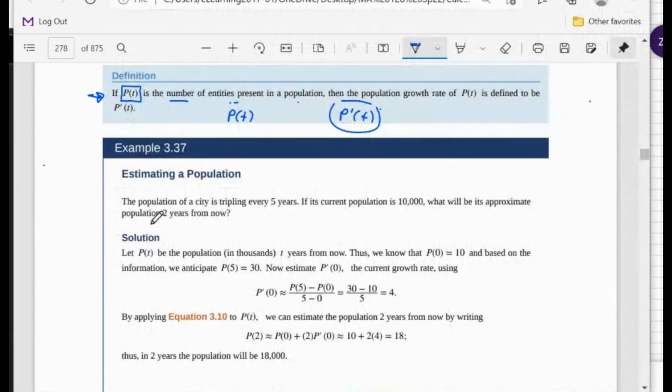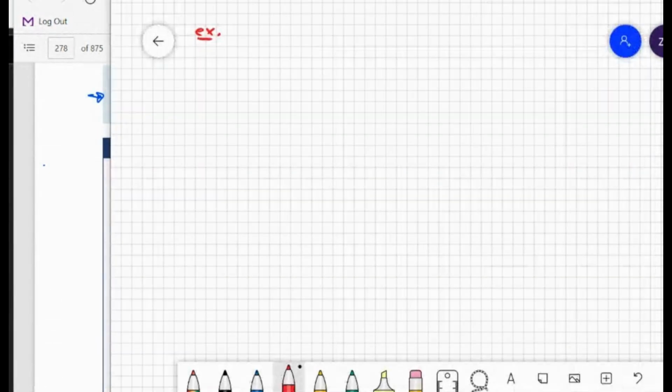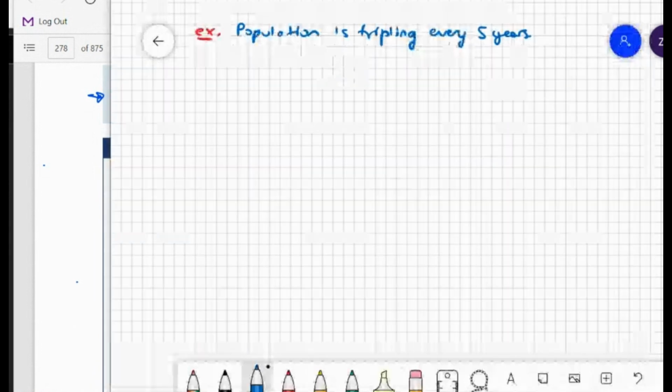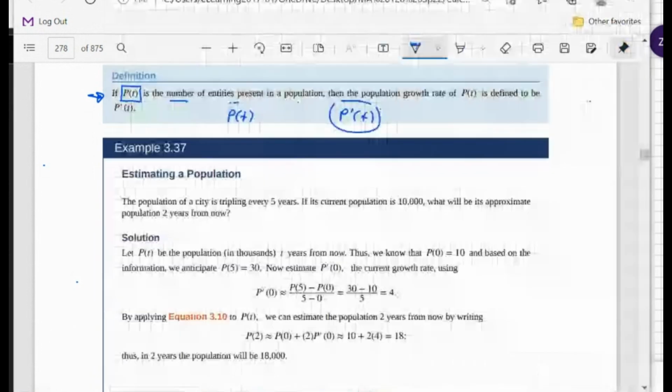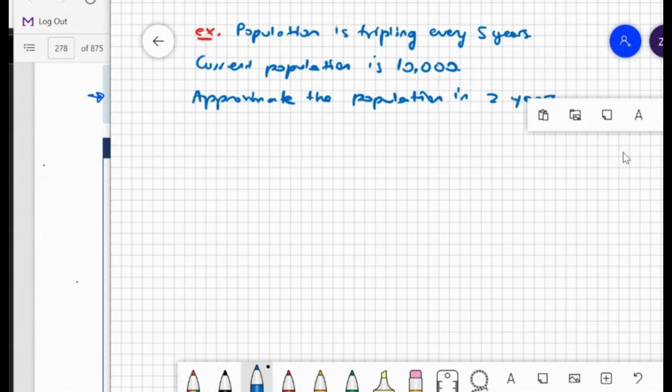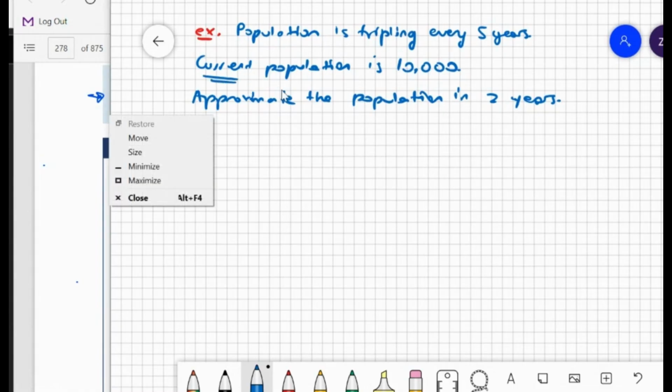Okay, so let's look at this example. The population of a city is tripling every 5 years. If the current population is 10,000, we would like to know the population in 2 years from now. So we will approximate the population in 2 years from now. Let's consider the population. How do we write the current population?